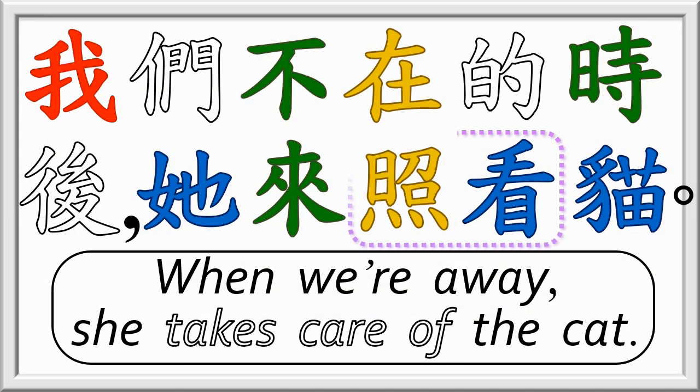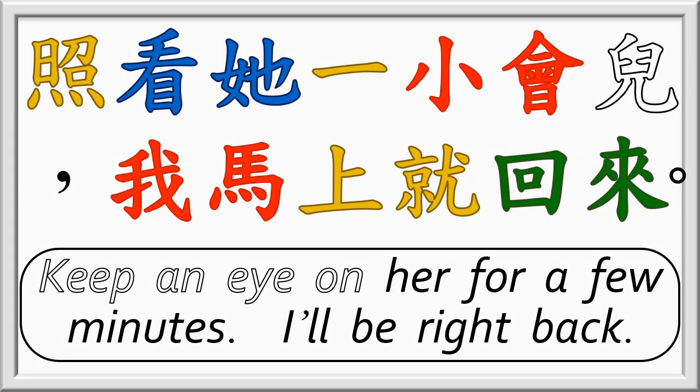照看 is one way to say take care of or look after. Notice that 看 is first tone here, as in 看家。我们不在的时候，他来照看猫。When we're away, she takes care of the cat. 照看他一小会儿，我马上就回来。Keep an eye on her for a few minutes.